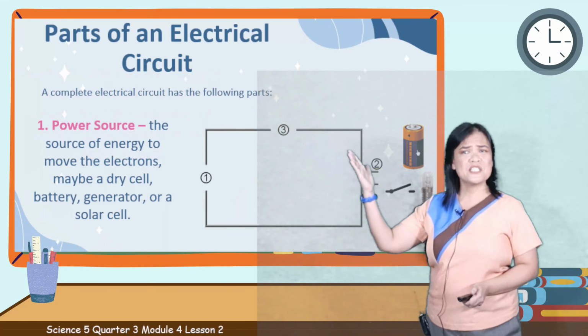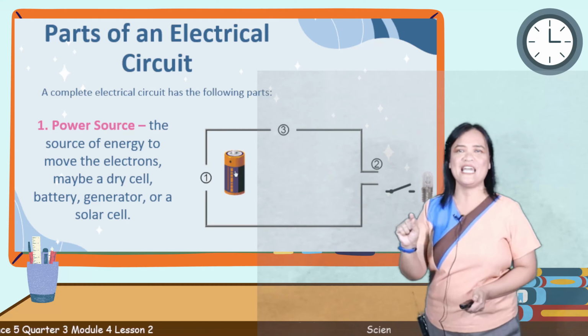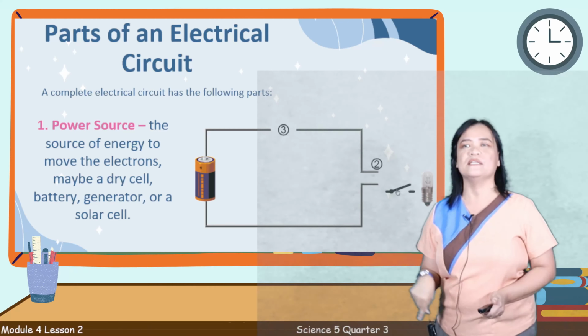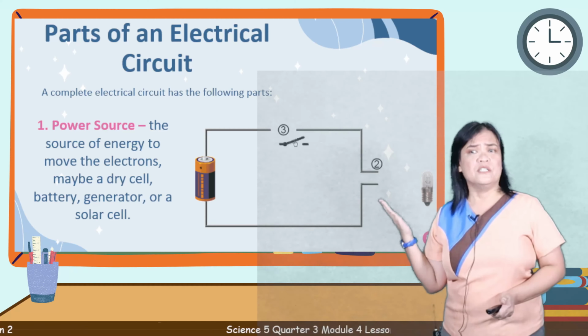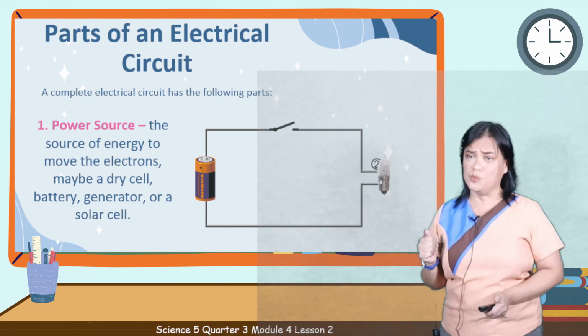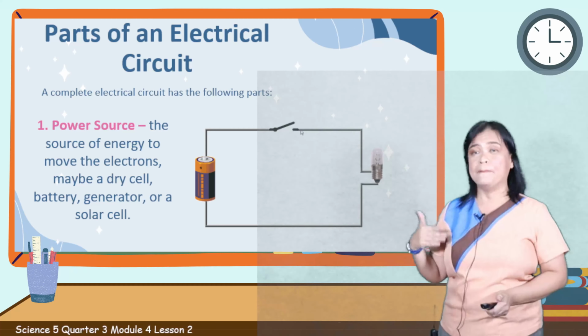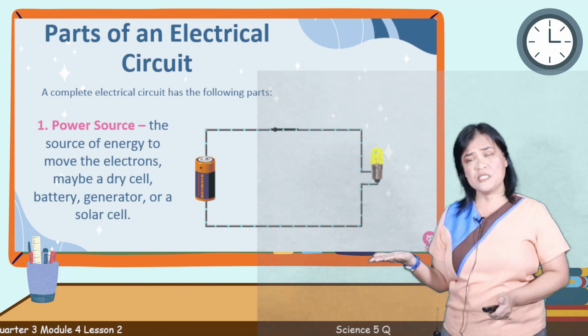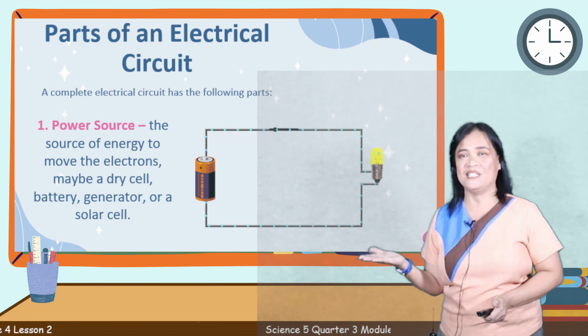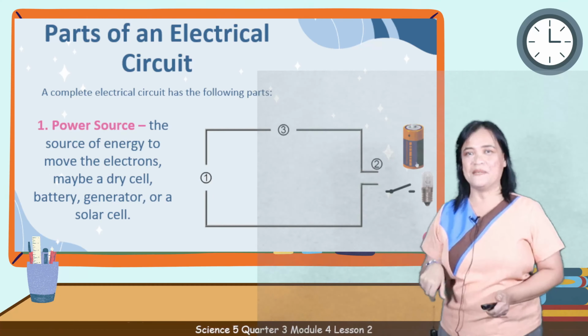Alright, so parts of an electrical circuit. Okay, moving. That is the 1, the power source. The source of energy to move the electrons may be a dry cell, that is the example, battery, generator, or a solar cell.